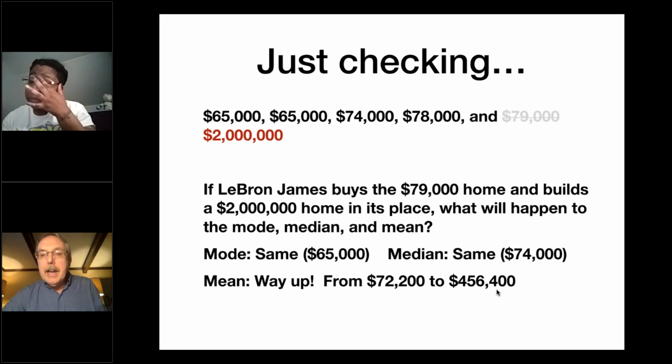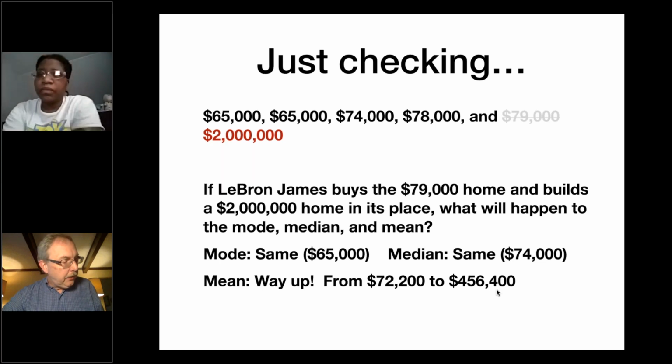So let's look at that, and this sort of shows why you might use medians when you're talking about home prices rather than the mean. Because what we ended up with for the mean wasn't anywhere near what any of the other houses were worth. These ones were a lot lower, and this one was a lot higher.